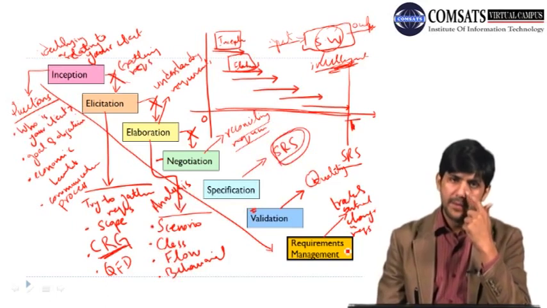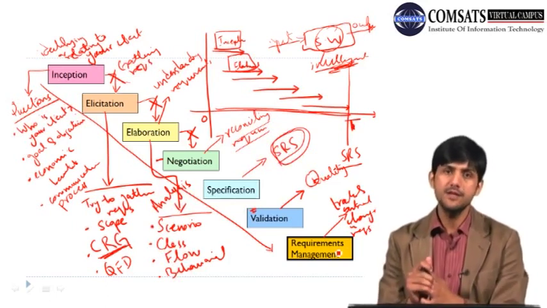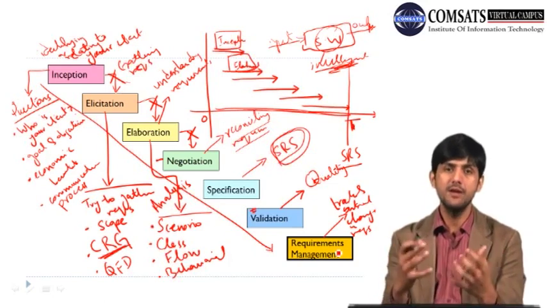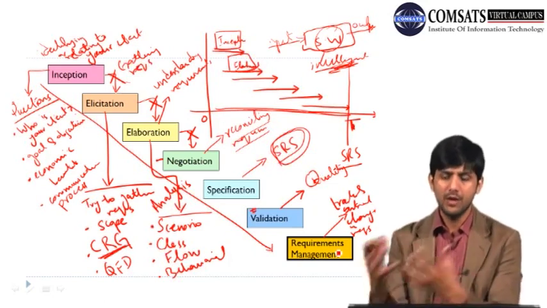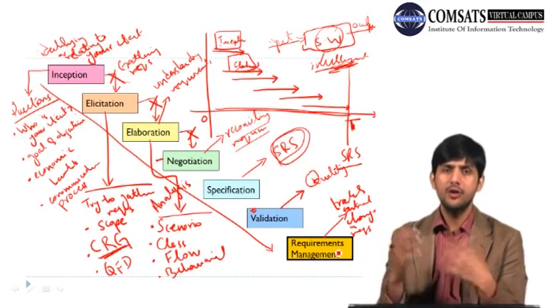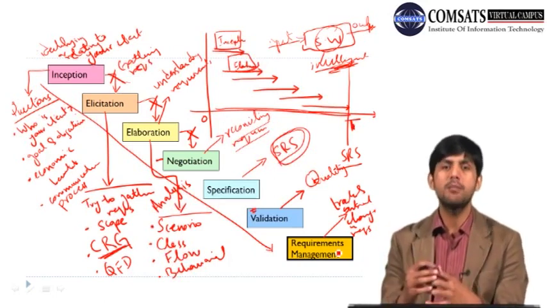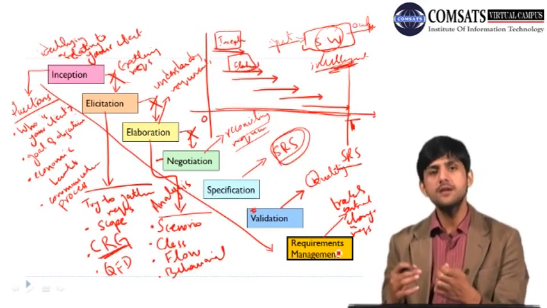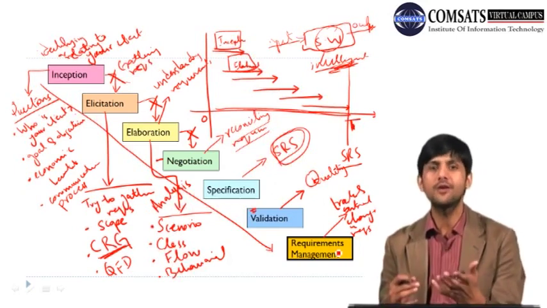And any one of you who has any experience of software development, believe me, I've been working with industry for a number of years, and lots of software houses have problems with managing changes to the requirements. It happens so often that this is one of the key reasons why they even start documenting requirements in the first place.